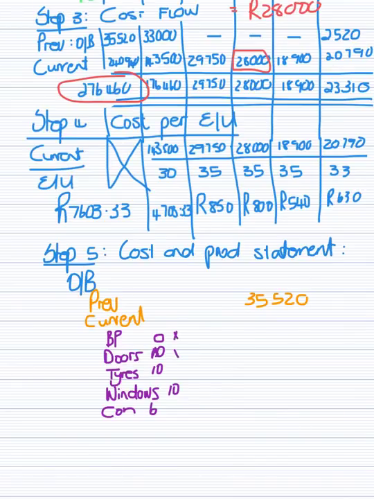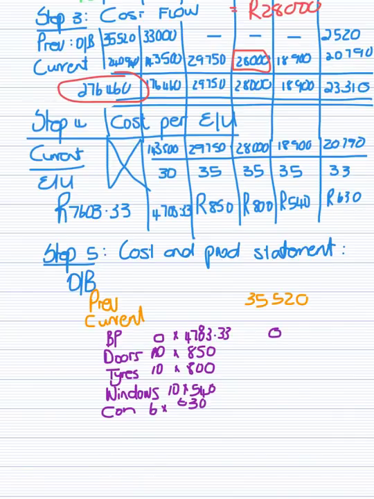Now we multiply that with our cost per equivalent unit: 4783.33, 850, 800, 540, and 630.